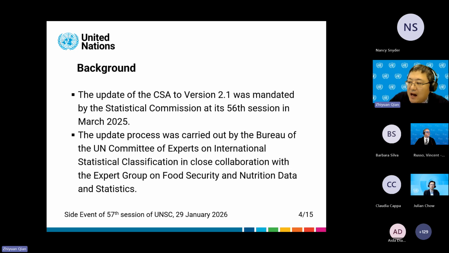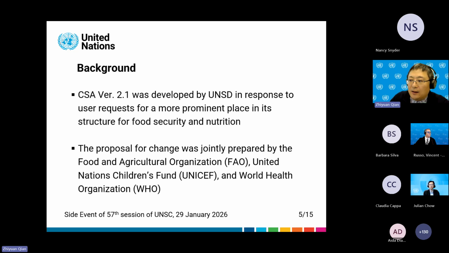The update process was carried out by the Bureau of the United Nations Committee of Experts on International Statistical Classifications in close collaboration with the expert group on food security and nutritional data and statistics. This latest version, CSA 2.1, was developed by UNSD as the designated custodian in response to user requests for a more prominent place in its structure for food security and nutrition. The proposal for change was jointly prepared by the Food and Agriculture Organization, the United Nations Children's Fund, and the World Health Organization. Some of the experts are already here with us.